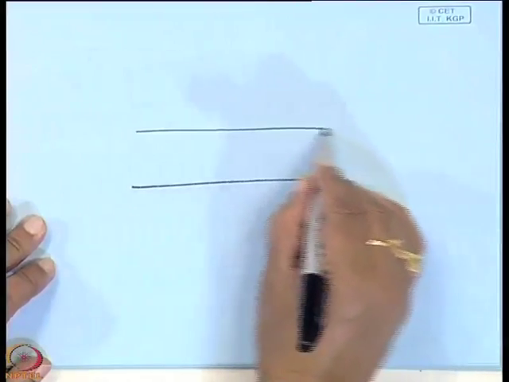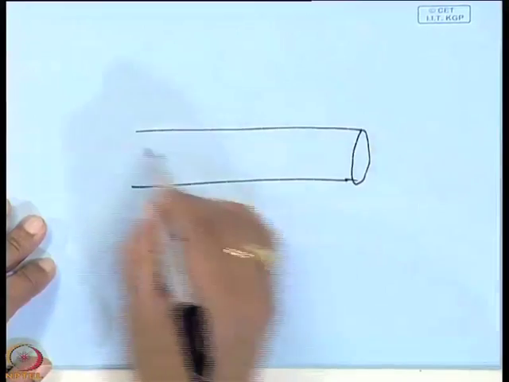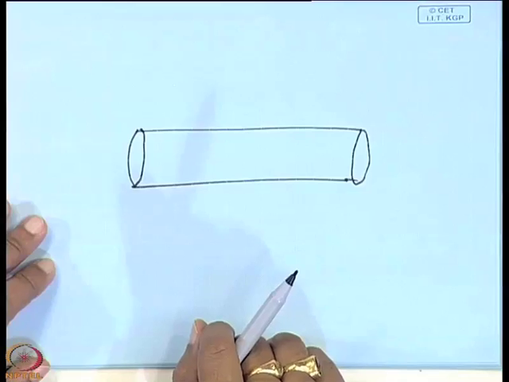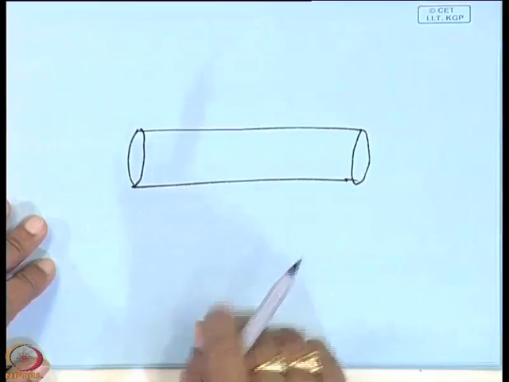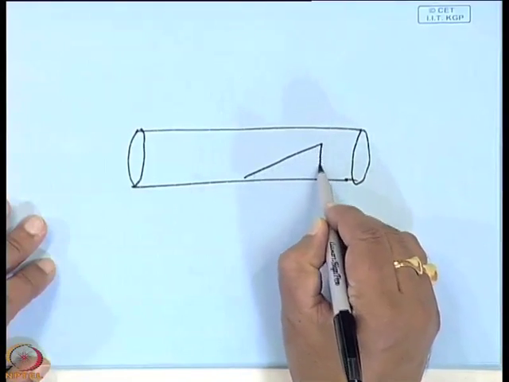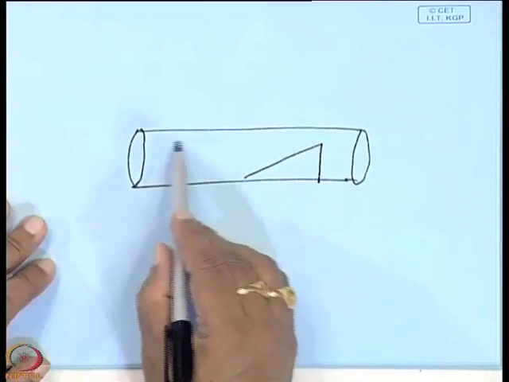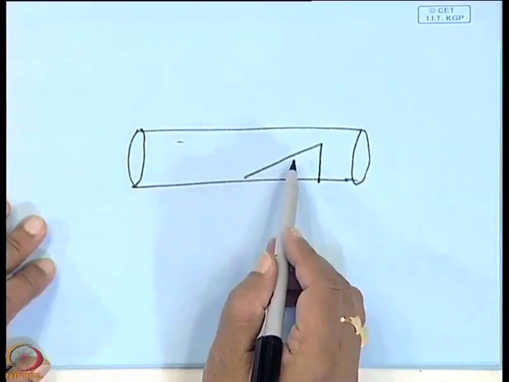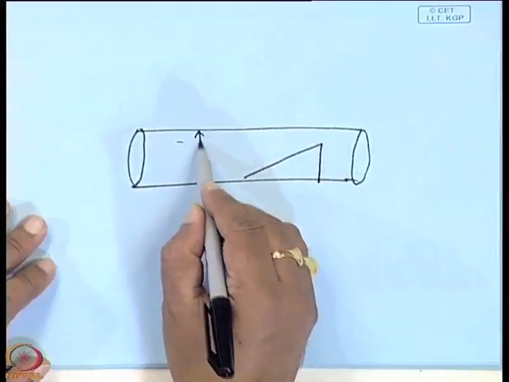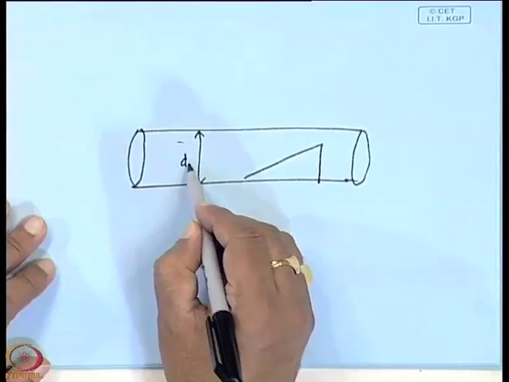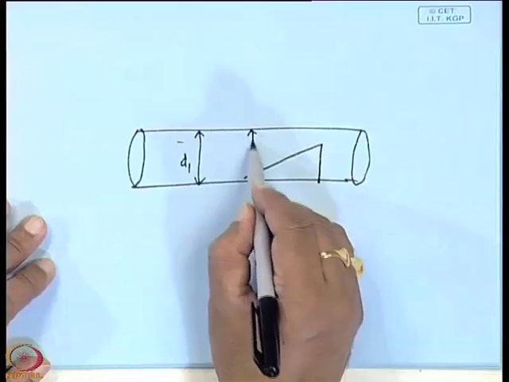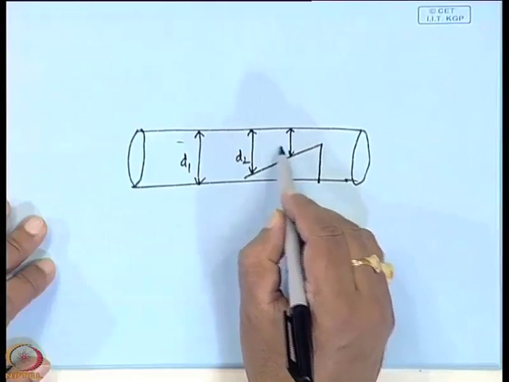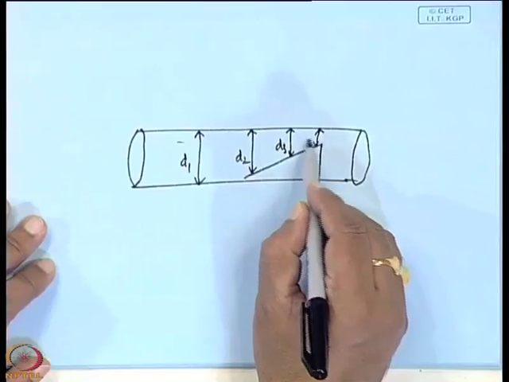Say this is the uniform tube or the reactor. You want to make the diameter less. The effective diameter becomes less, because here the diameter is say D1, here it is D2, here it is D3, here it is D4.